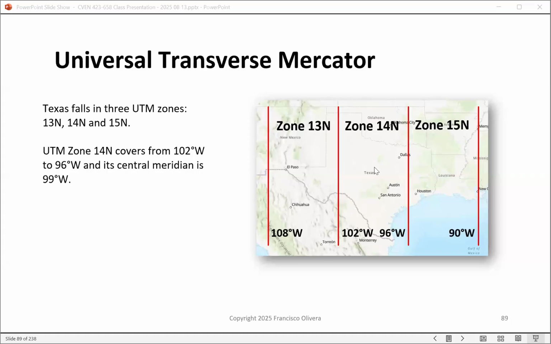So if you use 14, you're going to have probably too much distortion in East Texas and also in West Texas. So UTM is not recommended in this case. But Texas is such a big state that it doesn't matter which projection you use, there is always going to be a large amount of distortion.